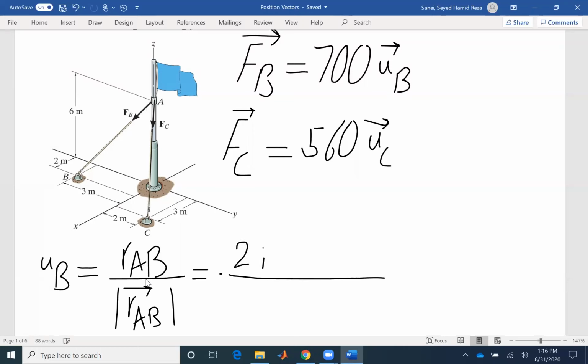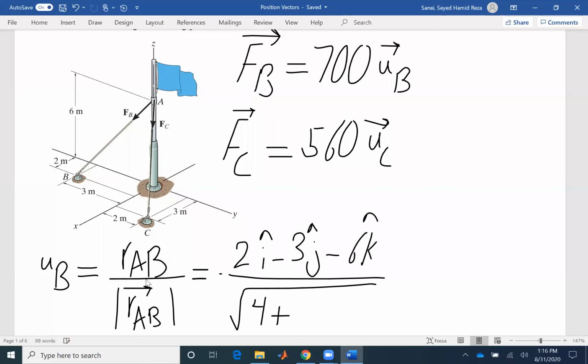So RAB would be 2i, negative 3j, minus 6k. Magnitude, each component squared. So 2 squared would be 4, plus 9, plus 36. A negative value squared would be the same as positive. So 2i means that from A to B, I'm going towards positive X. For Y, I'm going towards negative Y, negative 3j.